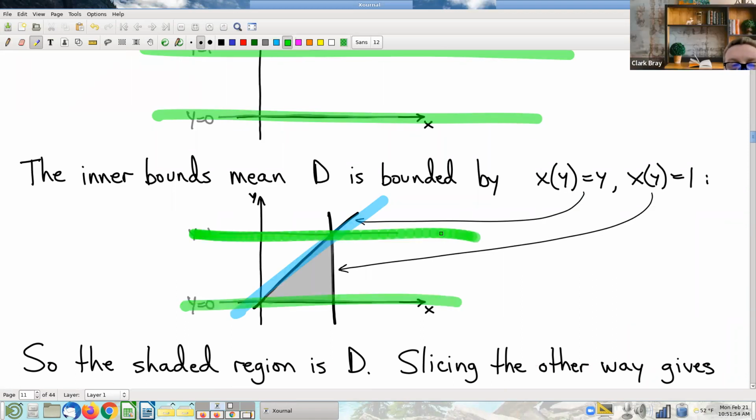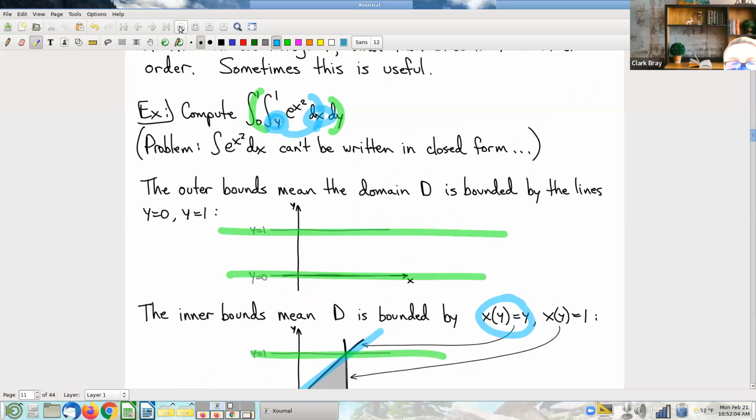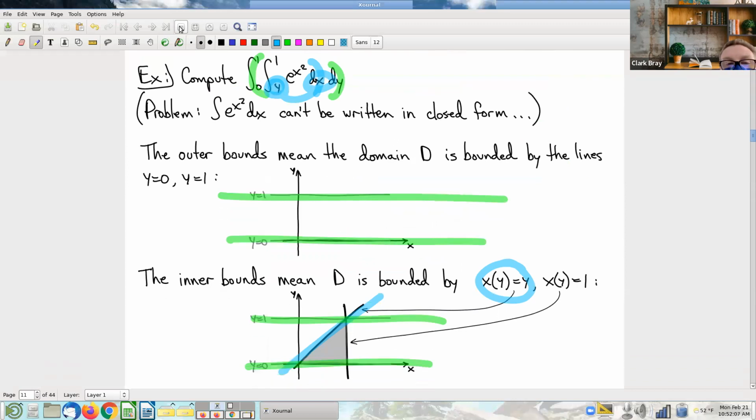My y bounds 0 to 1. My lower bound for x is y. Get it all on the same page. So lower bound for x is y. That gives me that curve. My upper bound for x is 1.